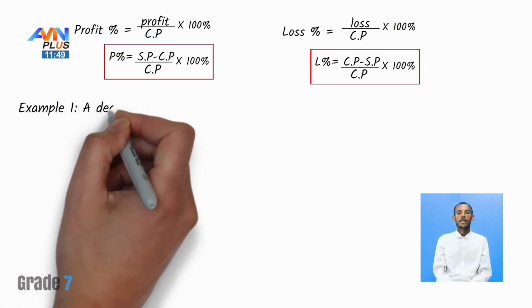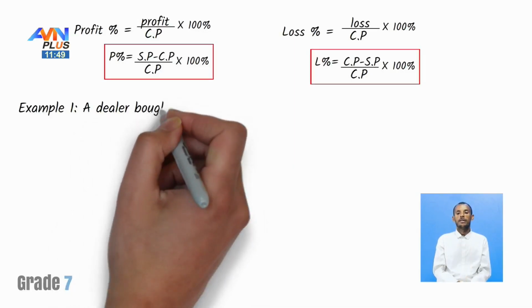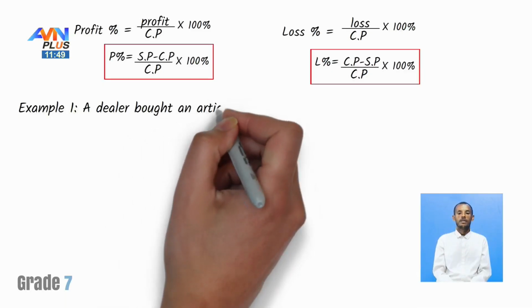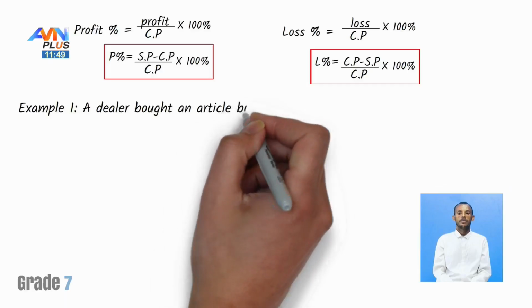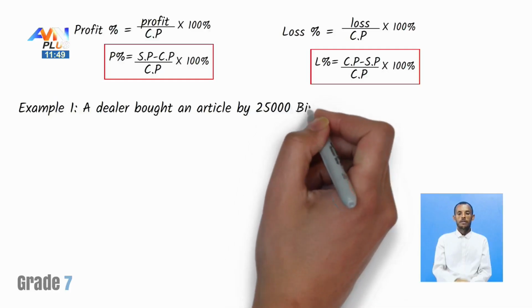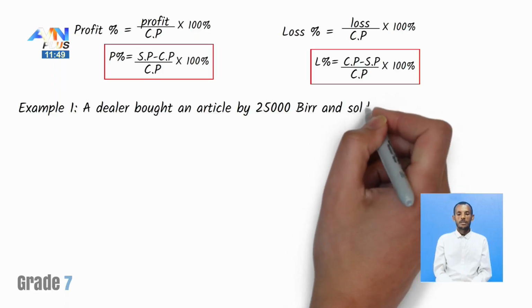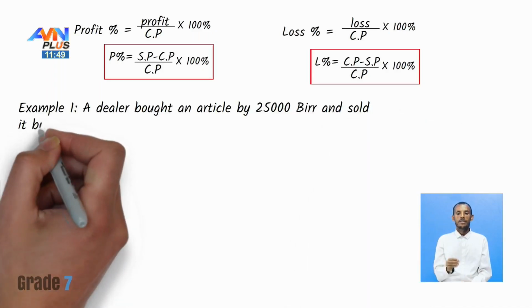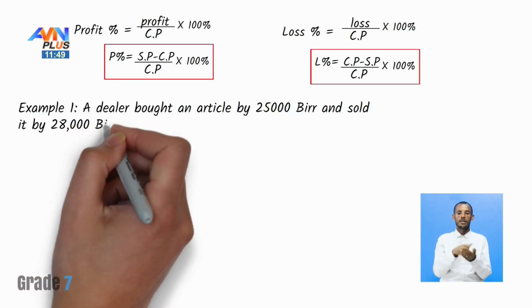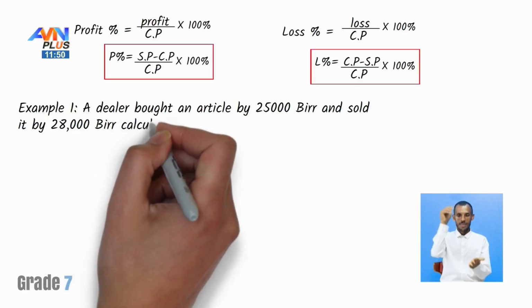A dealer bought an article for 25,000 birr and sold it for 28,000 birr.